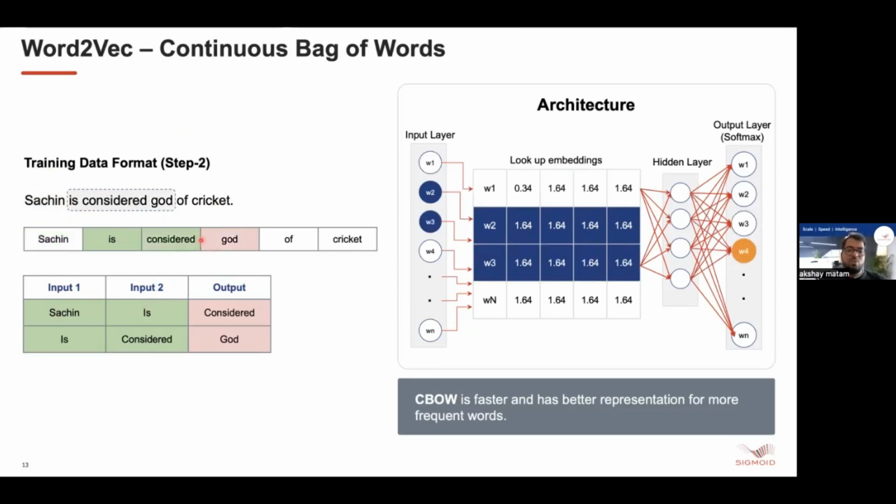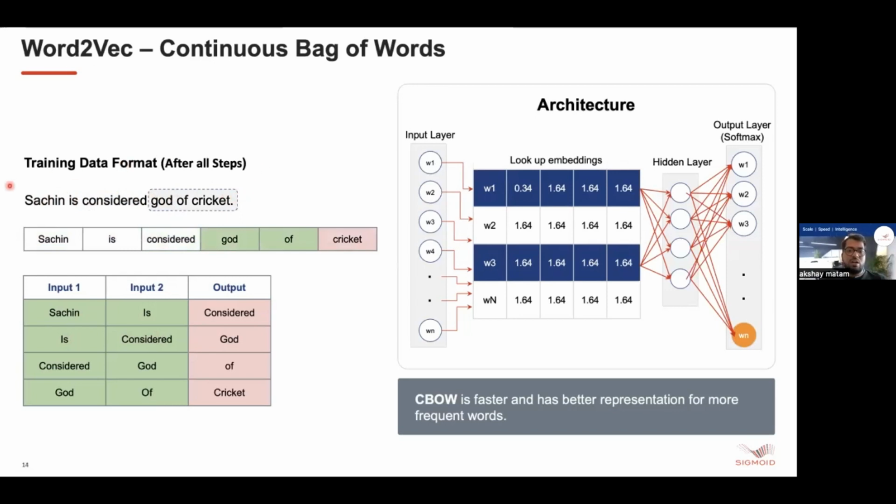In step 2, we move the sliding window to is considered god, creating is and considered as an input, and the model is asked to predict the keyword god. After covering the whole sentence length, we can see that the input or training data has been created.